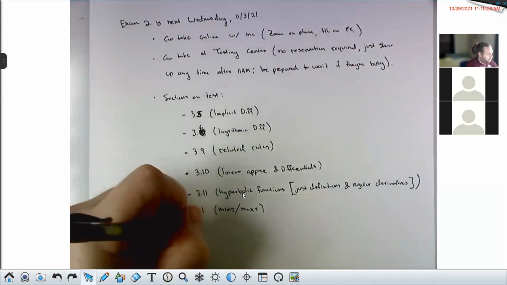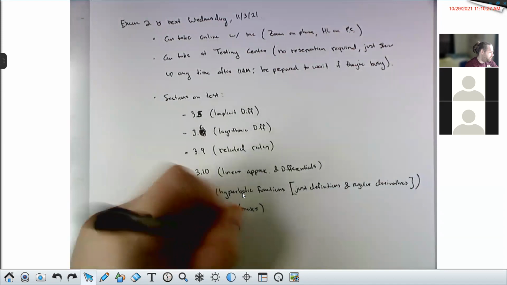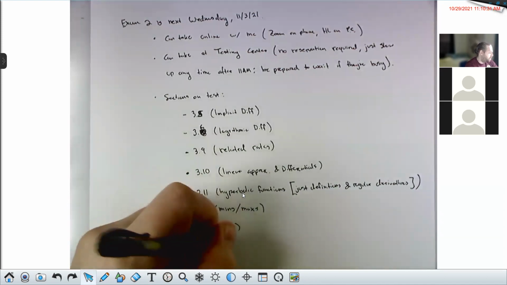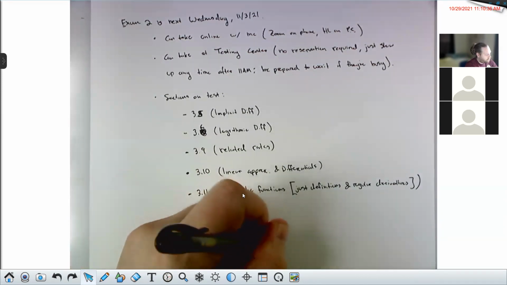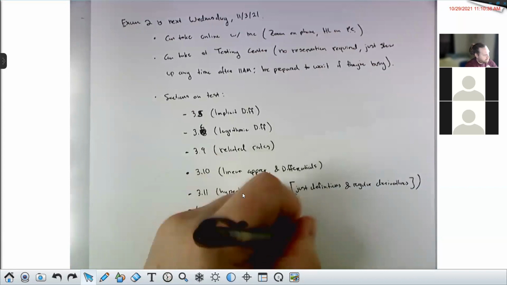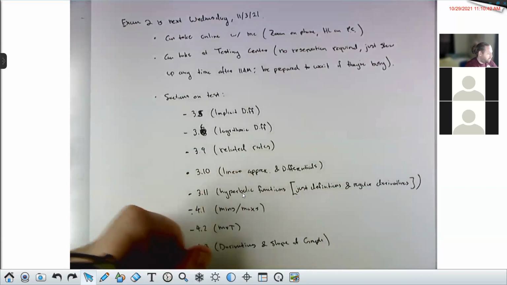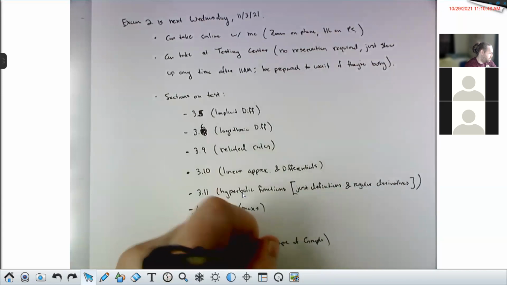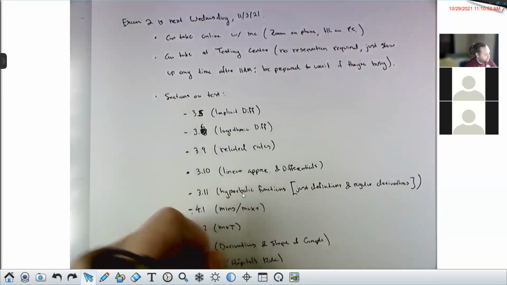And then we had 4.2, which is on the mean value theorem. 4.3 on derivatives and the shape of the graph. 4.4 on L'Hopital's rule. 4.5 on curve sketching.